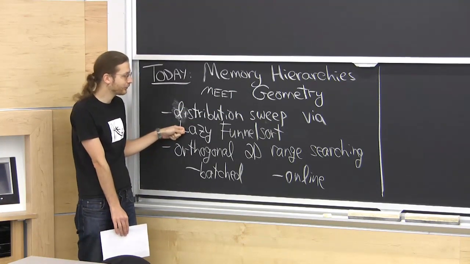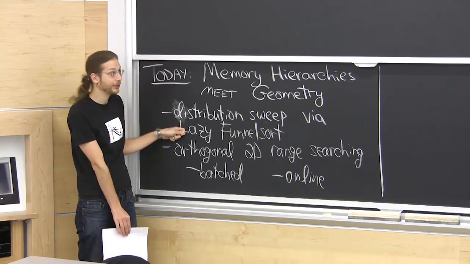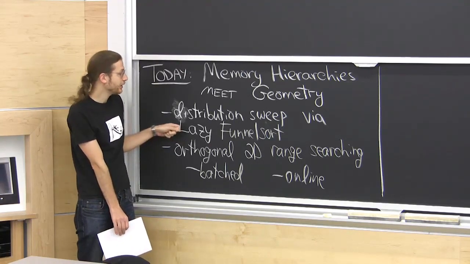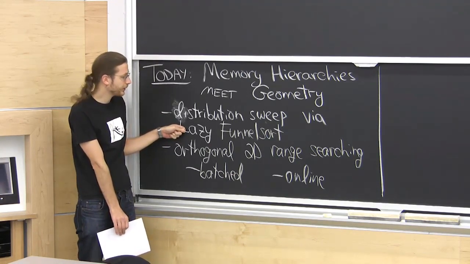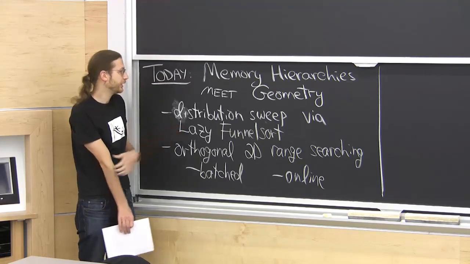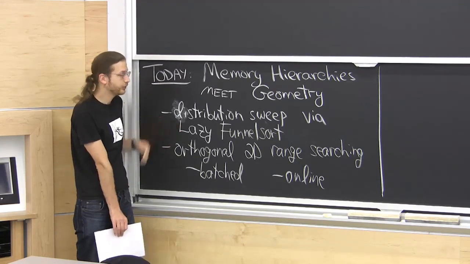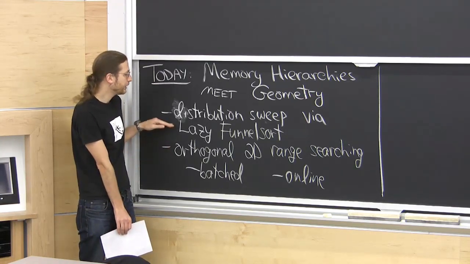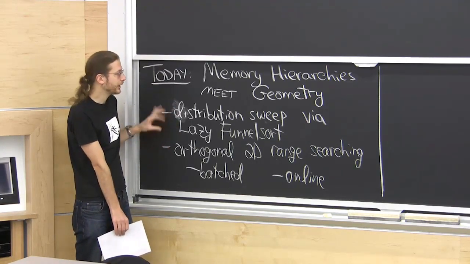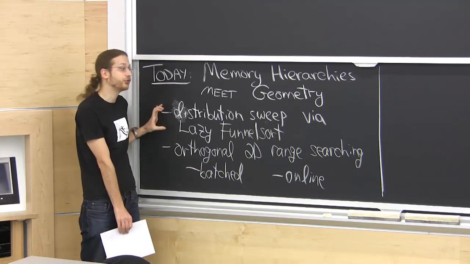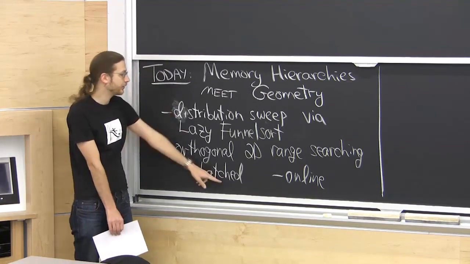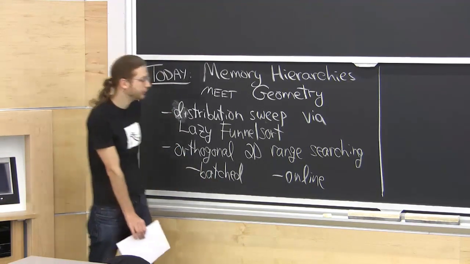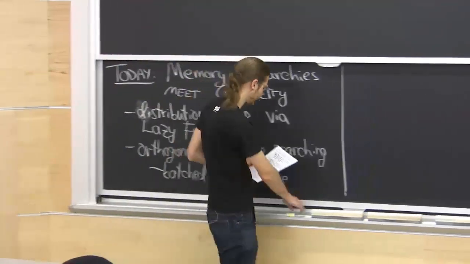So we'll finally do cache-oblivious sorting and optimal n over b log base m over b of n over b, using a particular algorithm called lazy funnel sort. Which you can actually also use to make another kind of cache-oblivious priority queue, but we won't get into that. And so by combining those two things, we'll get a kind of divide and conquer technique for geometric problems that lets us solve the batched thing. And then we'll use completely different techniques for the online thing.